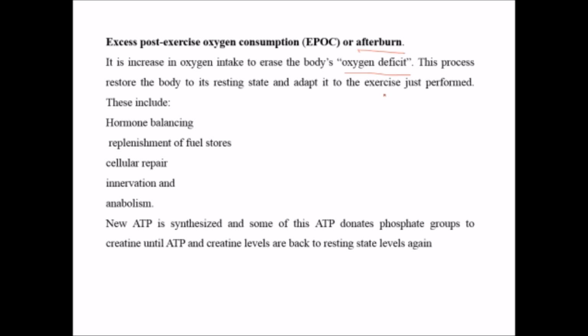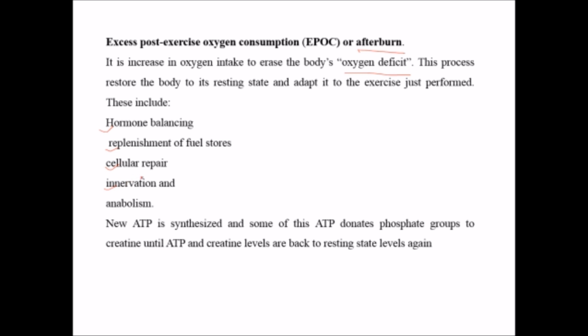During the post-exercise process, our body inhales more, or increases the intake of oxygen, to balance the hormones in our body, to replace fuel storage, for cellular repair of what was damaged during exercise, and for innervation.